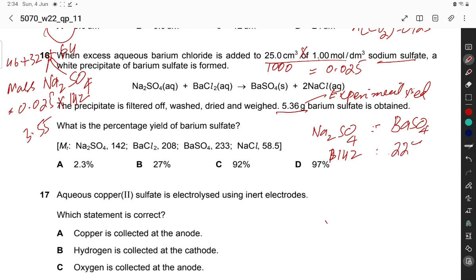So what would be the mass if 3.55 gram of sodium sulfate?